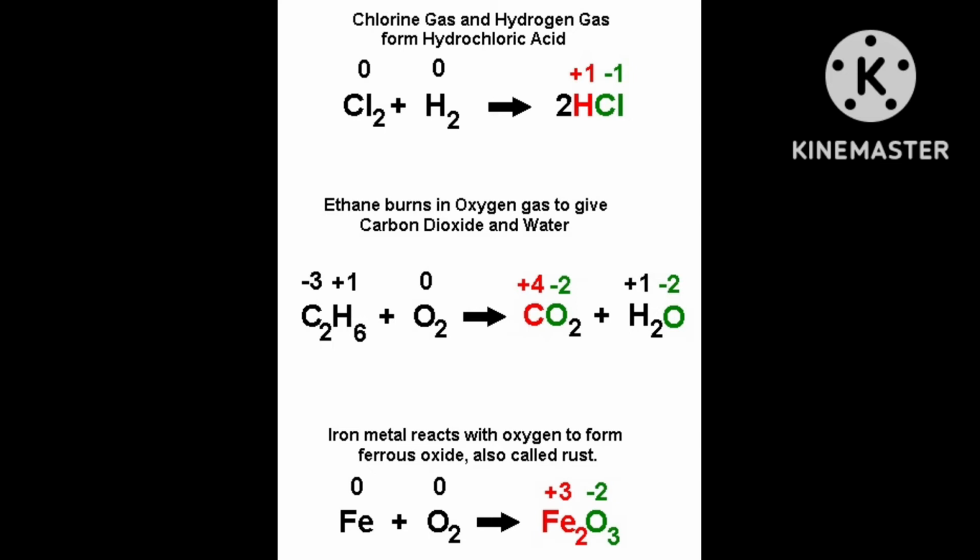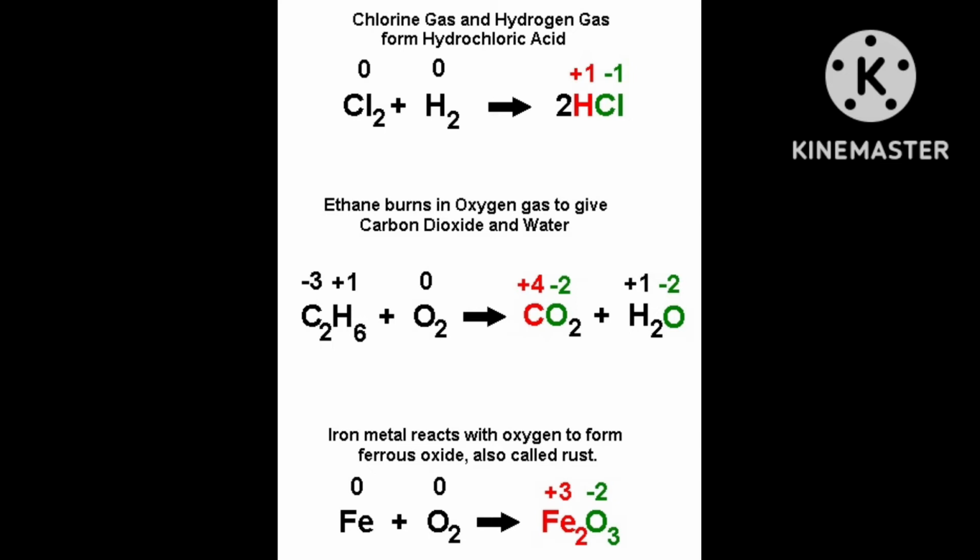Plus 1 and minus 6 make minus 5, so Cl minus 5 equals 0. It means Cl is equal to +5. Now you have calculated the oxidation number of chlorine, and you write +5 above the chlorine.